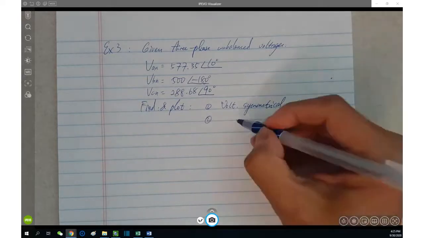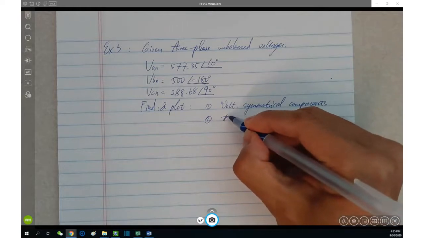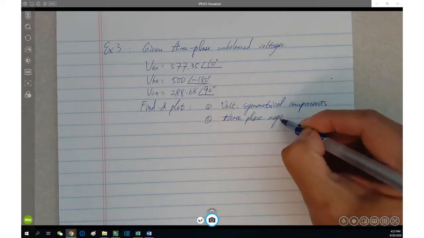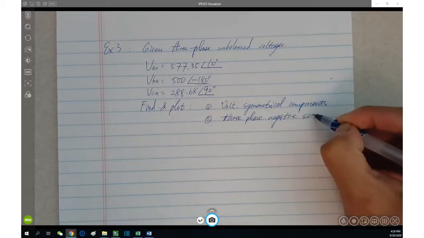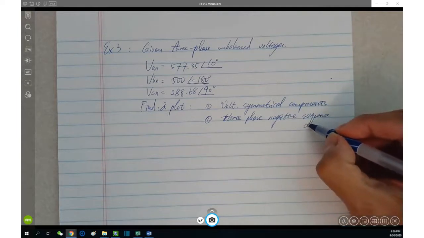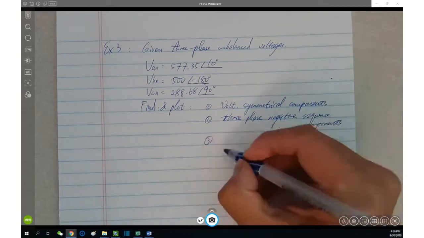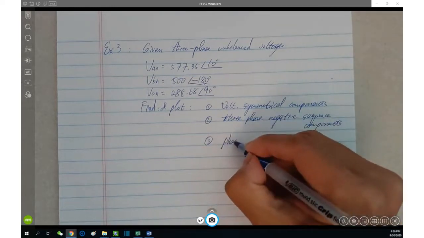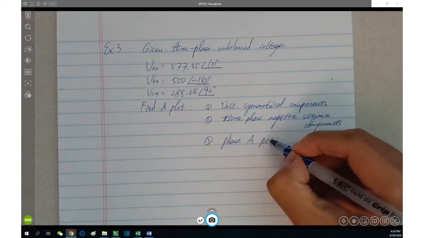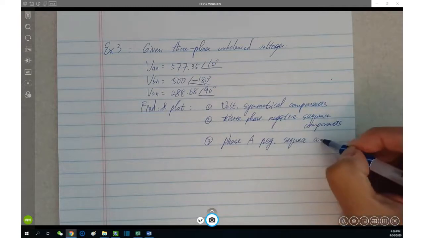Second, the three-phase negative sequence component. Phase A is a negative sequence component.